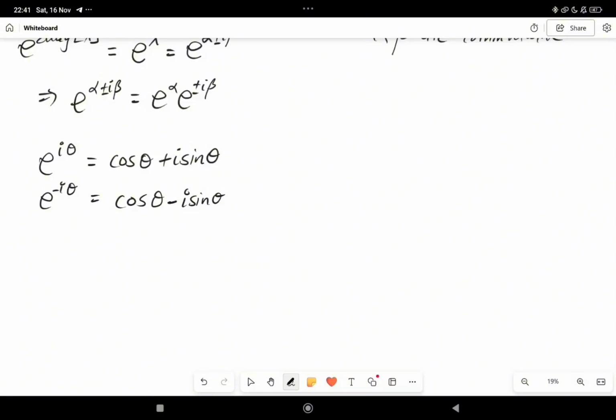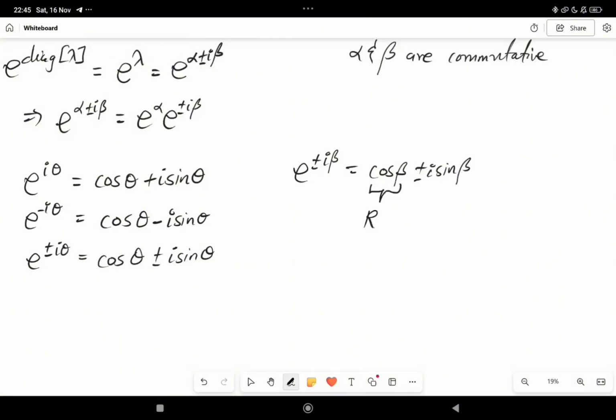So if you want to combine them, E raised to the power plus or minus I theta, you're going to have the cos of theta plus or minus I sine of theta. In this case, we have E raised to the power plus or minus I beta. So this means you're going to have the cos of beta plus or minus I the sine of beta.